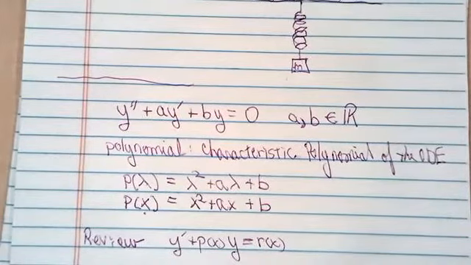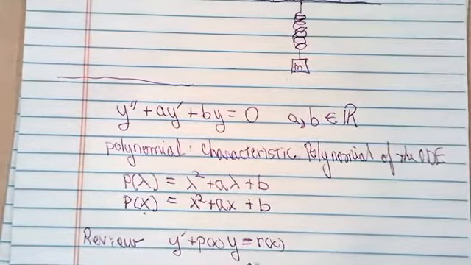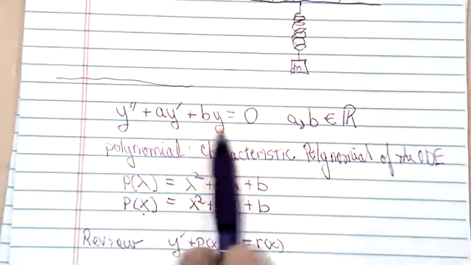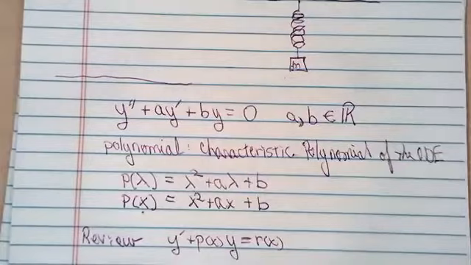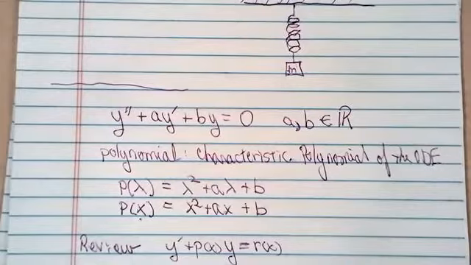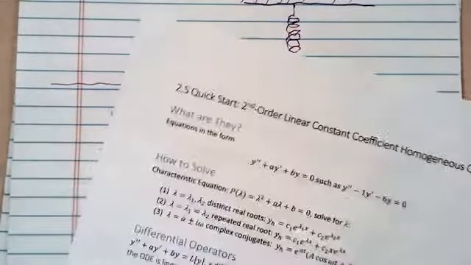I just haven't got to it yet. I'm just about to try to motivate why this thing should have anything to do with solving that differential equation. So in order to do that, I'm going to cut back to the case where we have a first order linear differential equation, but I want to restrict it to the case we've been looking at here.